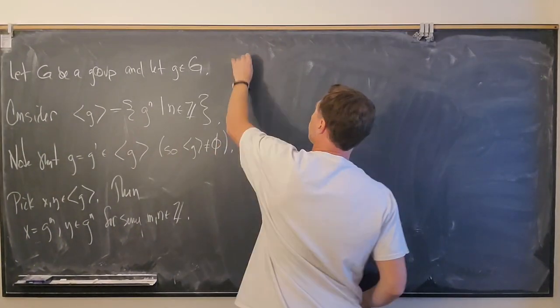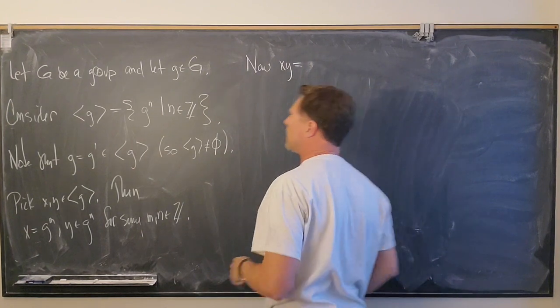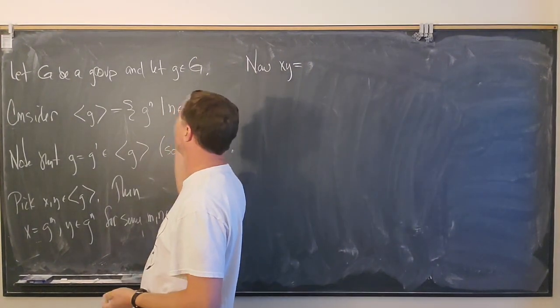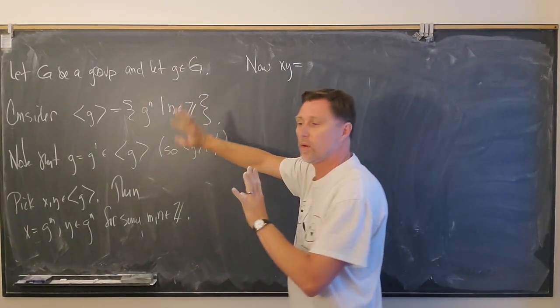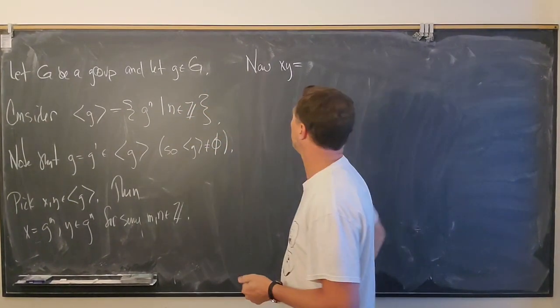Now, if I look at x times y, notice now I'm using multiplicative notation because we're just in an arbitrary group G. There's no requirement that it's abelian, so I'm going to use multiplicative notation.